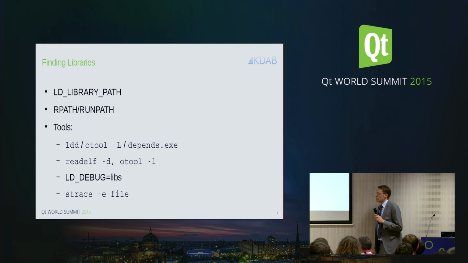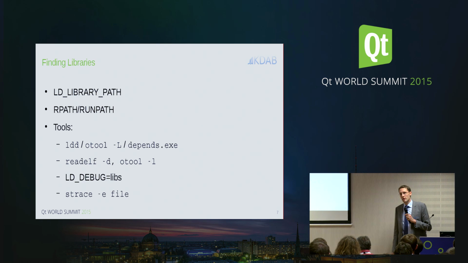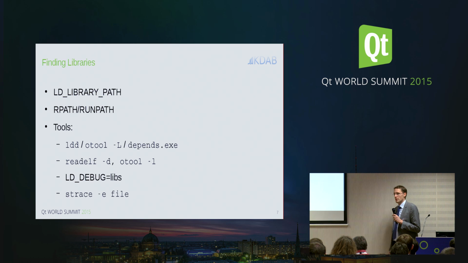On Linux and Mac, you have the additional concept of rpath. That's basically a compiled-in search path in the library, and the linker will look into that as well. And you see already this is getting kind of complicated, so there's lots of options where to look for the library.